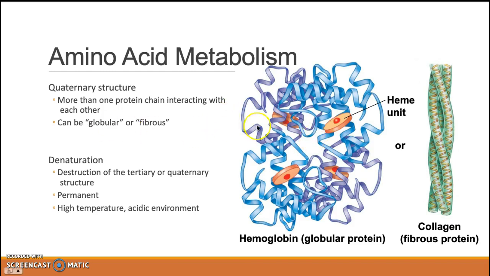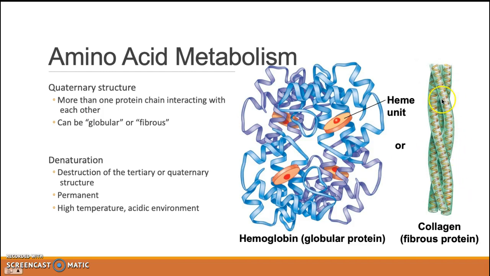This is an example of hemoglobin, which is called a globular protein because it's kind of in a glob, or more circular. It has two of those blue protein chains, and then we also have two purple ones here. Now in real life, in your body, it's not going to be color-coded like this, but this gives us an idea of what these chains are. All four have to be present and functioning to make a functioning hemoglobin.